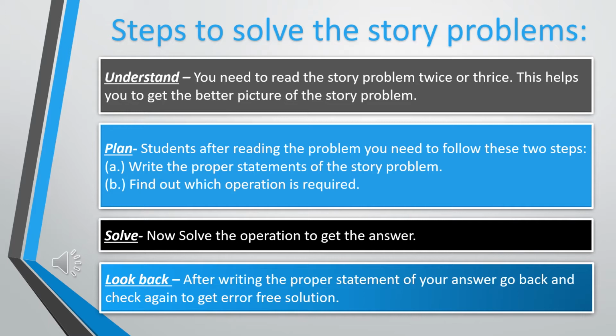You have to solve your question. Then, fourth step is look back. After writing the proper statement of your answer, go back and check again to get the error-free answer. It means you have to check your question again, solution again, that whether what you have done that is correct or not. If it is incorrect, you have to solve it again.